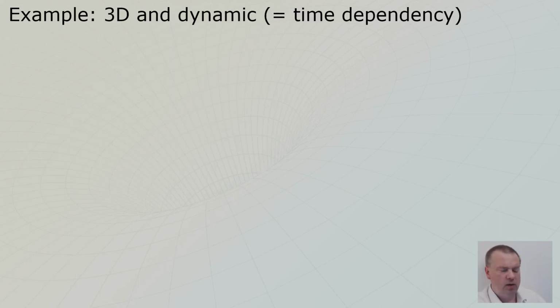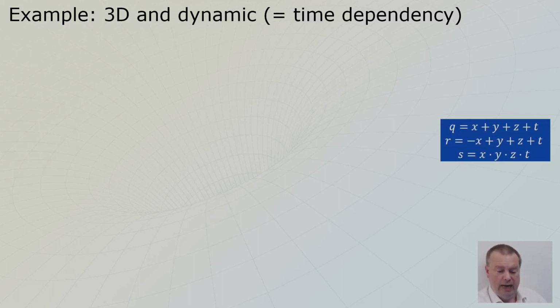Now another example, we go 3-dimensional and we add time. I made up these vector equations. They are totally ridiculous. They do not represent anything. It says the first component of the vector, Vx, I named it here Q, is x plus y plus z plus t. Just add all the inputs together.